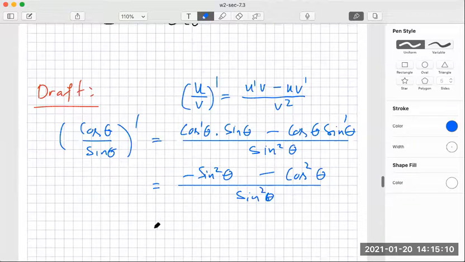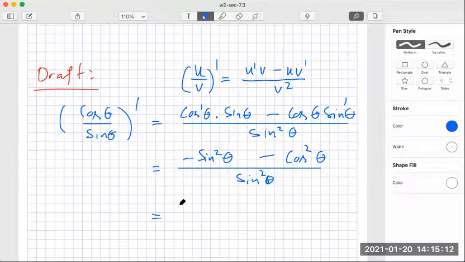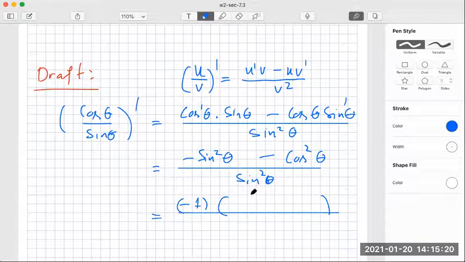Okay, so if we factor the negative sign, negative 1, out of this, what is it in the numerator? Which is? Yes.